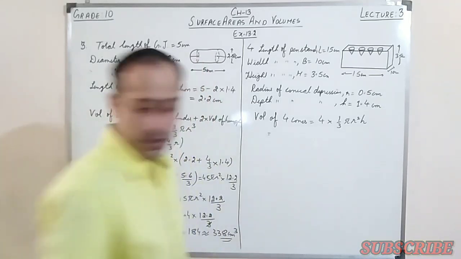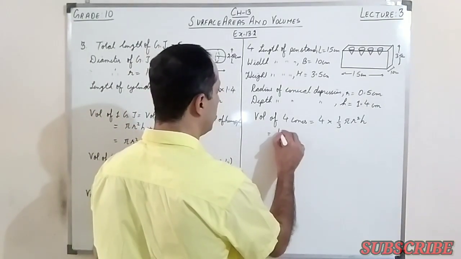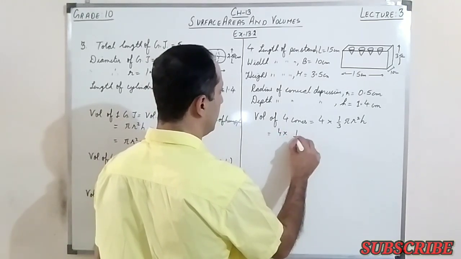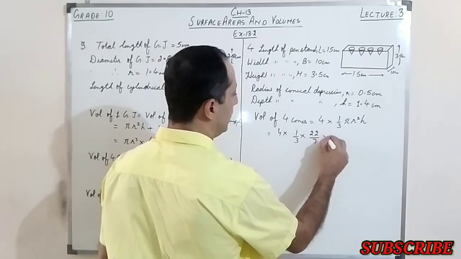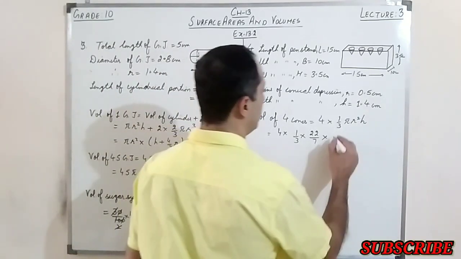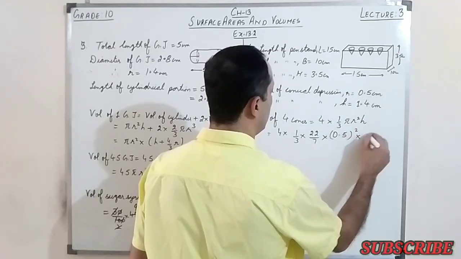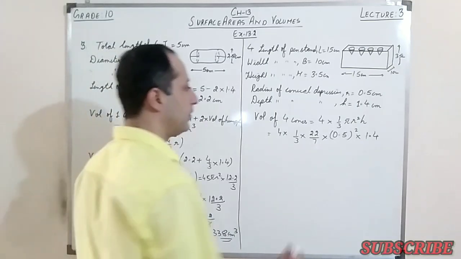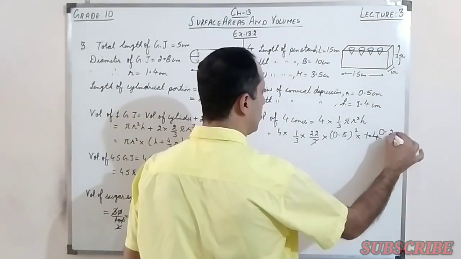I hope the value of pi is not 3.14, no, it's 22 by 7 only. So this is 4 multiplied 1 by 3 multiplied by 22 upon 7 into multiplied by, that is the value of r is 0.5, so this is 0.5 whole square into 1.4. Now this 7 gets cancelled with 1.4, this is 0.2 here.